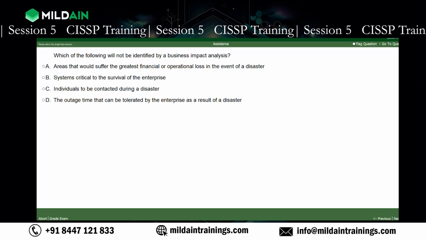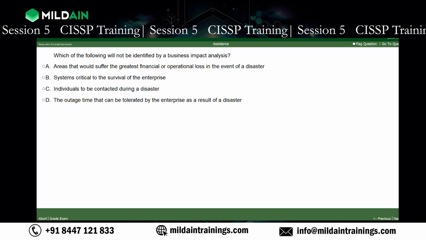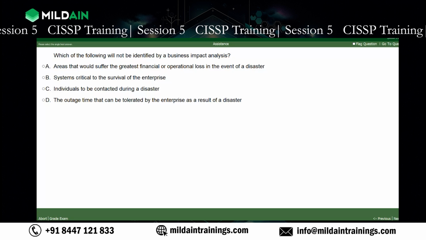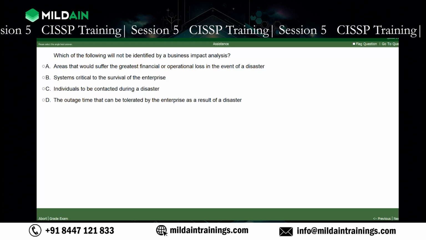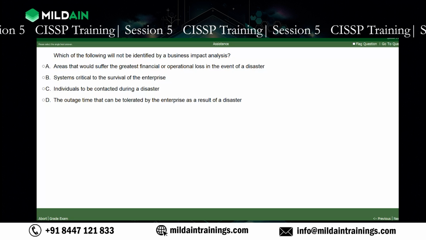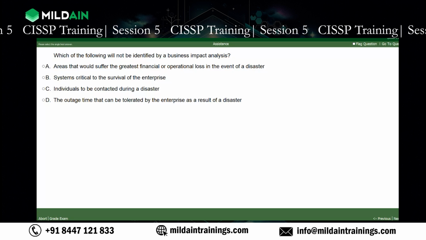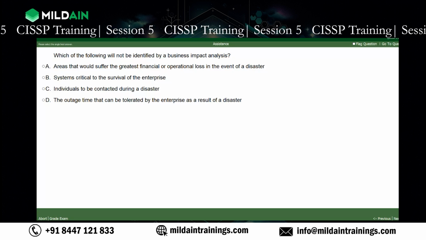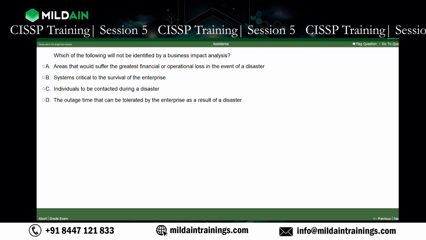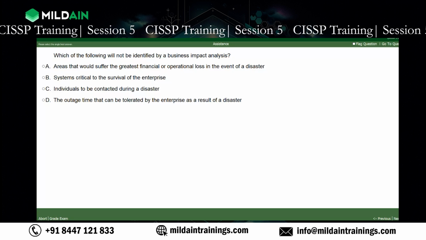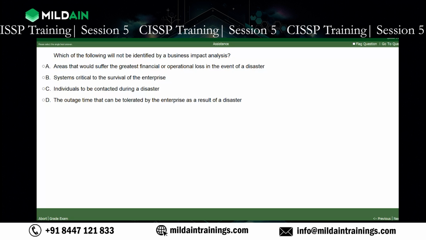Here we are going to talk about business impact analysis. The question is directly telling about business impact analysis; we have 3 answers correct and 1 answer not correct. So here we are doing a categorization of the questions. 3 answers are correct and 1 is not the valid answer. That not valid answer is the right answer. Now choose your option, which is your right answer.